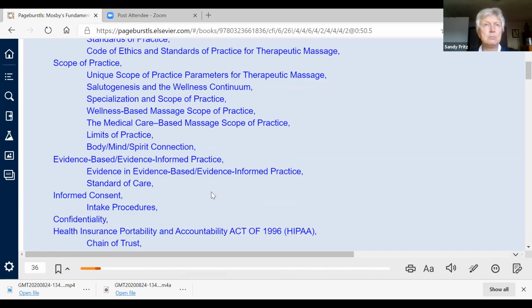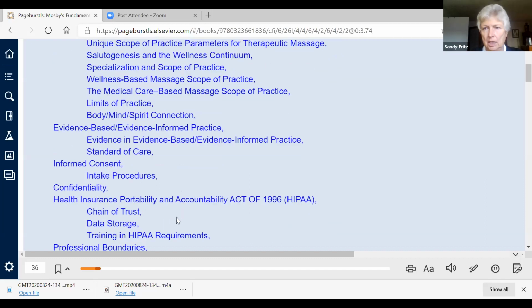How do we move into action on these things, like informed consent in our intake procedures, confidentiality? What does this have to do with the Health Insurance Portability and Accountability Act, HIPAA? How do things like chain of trust and data storage, et cetera, work if we're working in a medical setting, as opposed to a health and wellness setting?